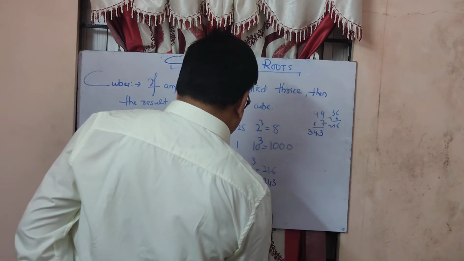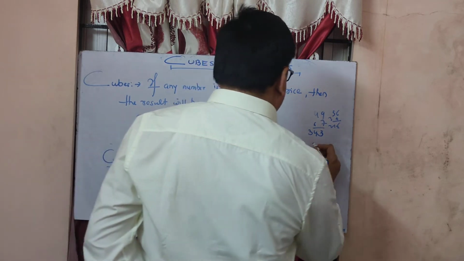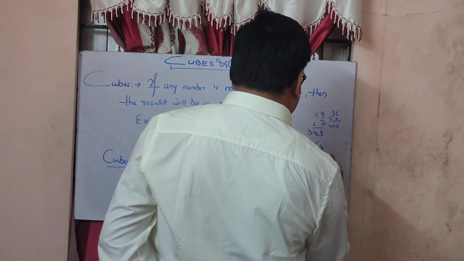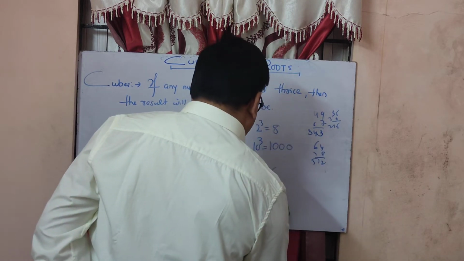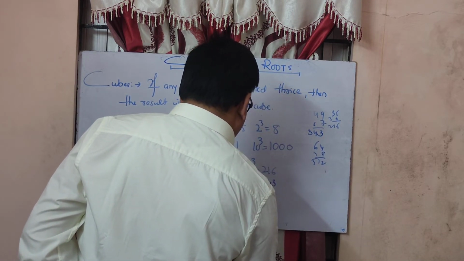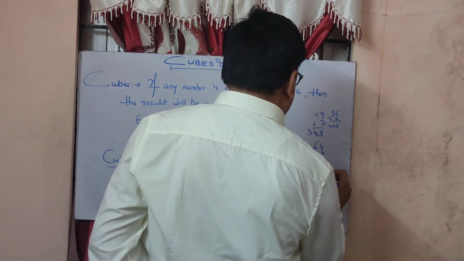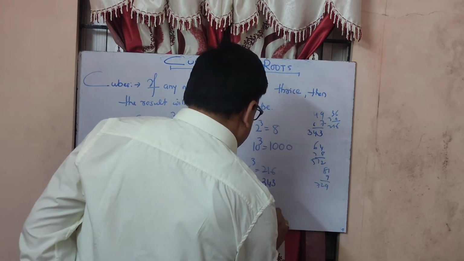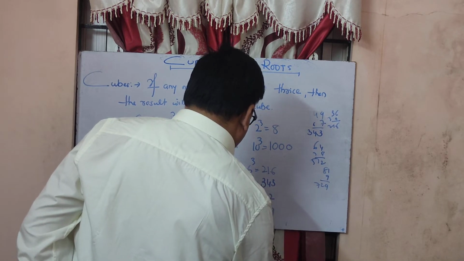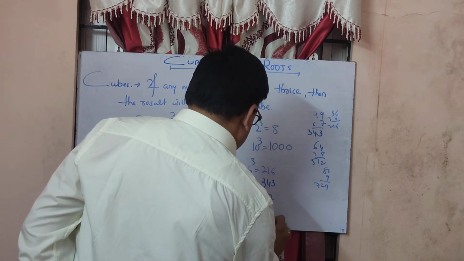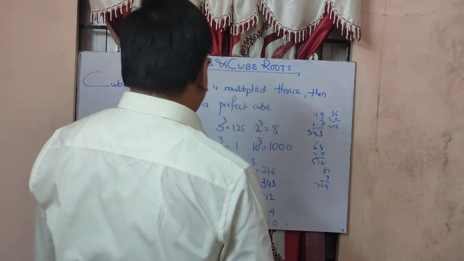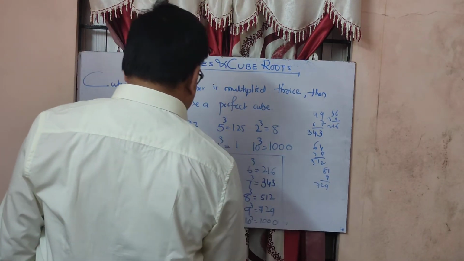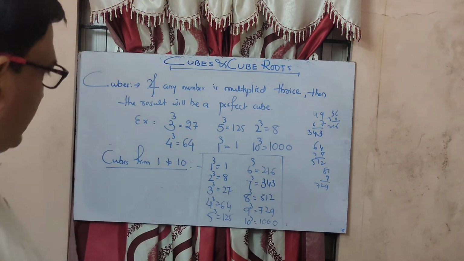Now 8 cube is 512. 9 cube is 729. And 10 cube is 1000.